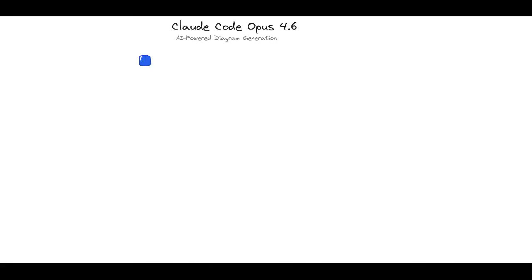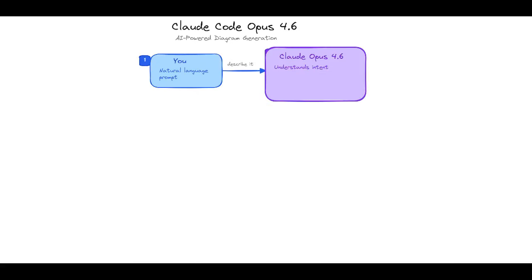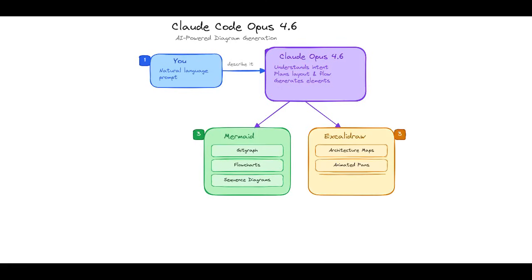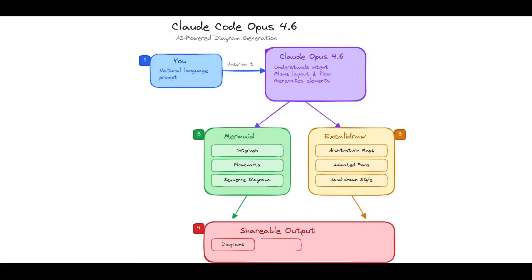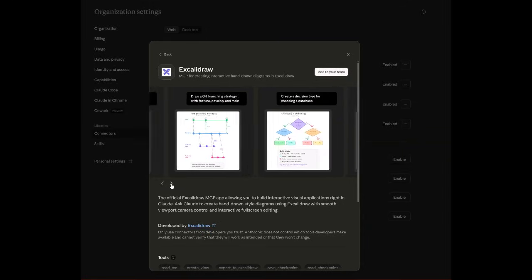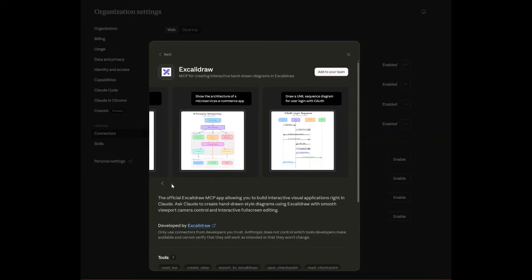In this demo, I'm going to show how Claude Code can generate architecture diagrams using the Excalidraw and Mermaid MCPs. These tools make it fast and almost effortless to bring complex ideas to life visually, and all from simple natural language prompts. The Excalidraw MCP creates those hand-drawn style diagrams that look friendly but still professional, great for architecture flows and conceptual designs.